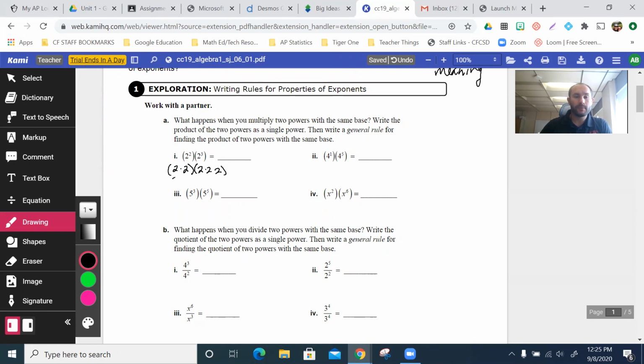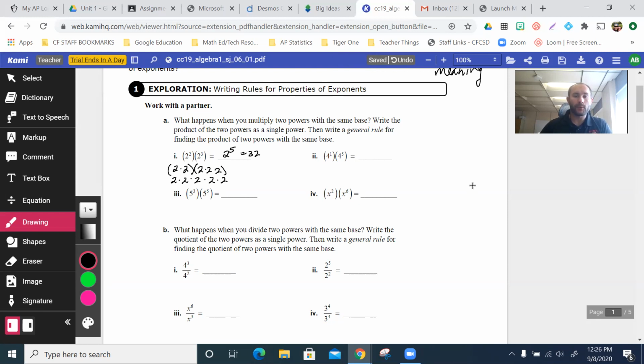Whenever we have parentheses next to each other like that, that always means multiplication. So this is 2 times 2 times 2 times 2 times 2. So altogether, this is 2 multiplied how many times? 5 times. So this is 2 to the 5th power, which would be 32 if we work it out, right? So 2 squared and 2 cubed make 2 to the 5th power.